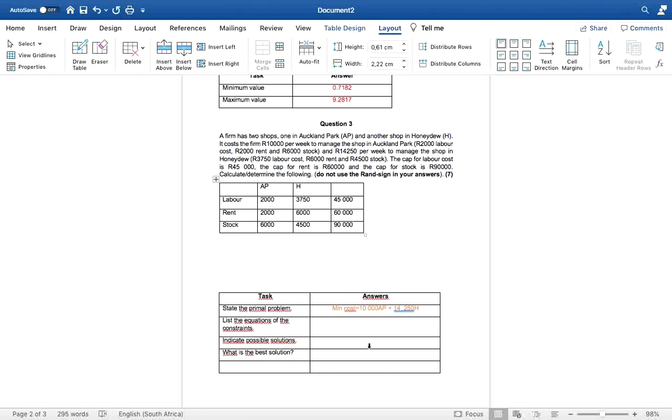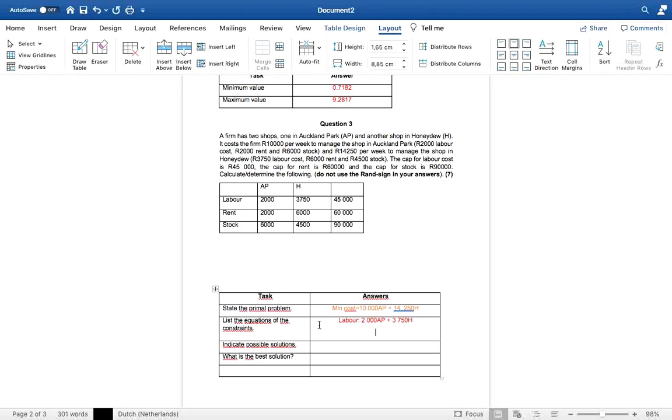So now when we have the equations, the equations of the constraints are going to be, for labor, 2000 AP, remember it costs 2000 at Auckland Park, plus 3750 H for Honeydew, which is equal to 45,000.